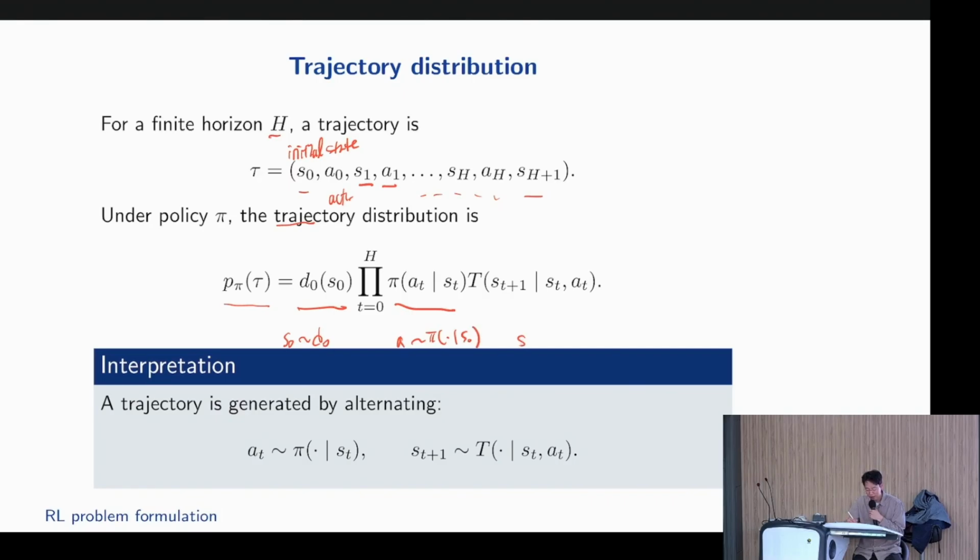Then the environment gives you the next state, and so on. It repeats endlessly. So the distribution on a specific sample trajectory can be factorized using the probability chain rule. The interpretation is that a trajectory is generated by alternately sampling according to the policy distribution and sampling according to the environment stochasticity, the environment dynamics.